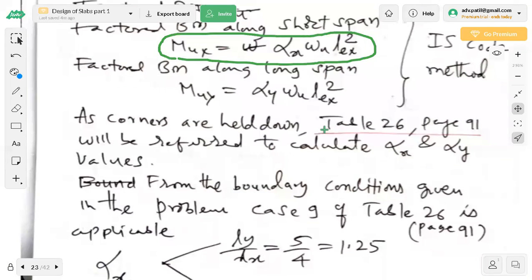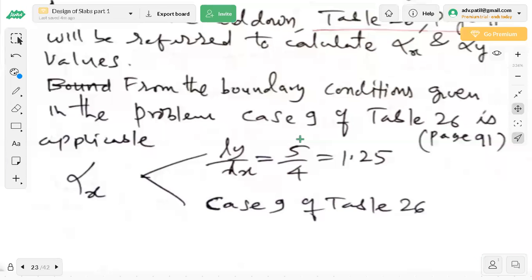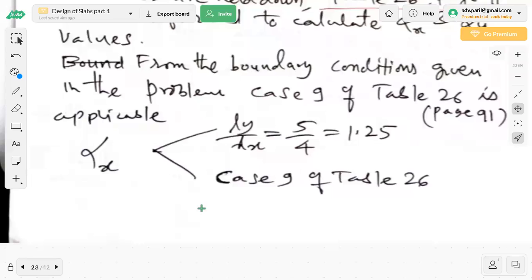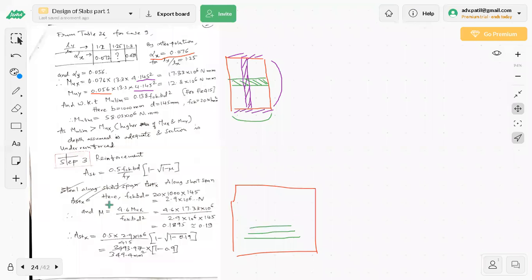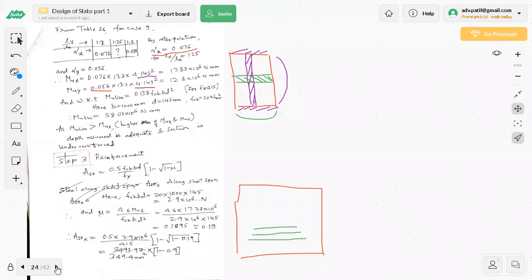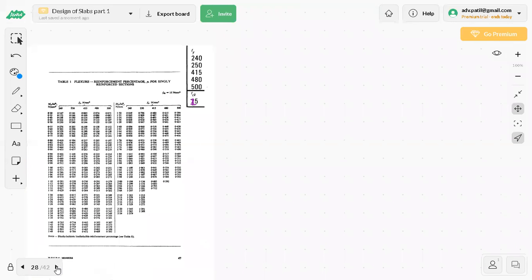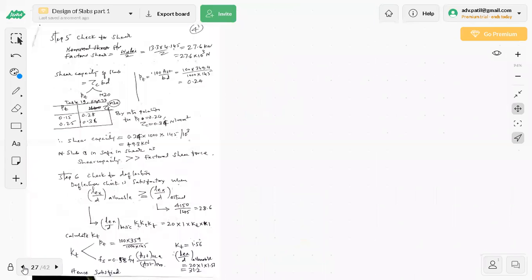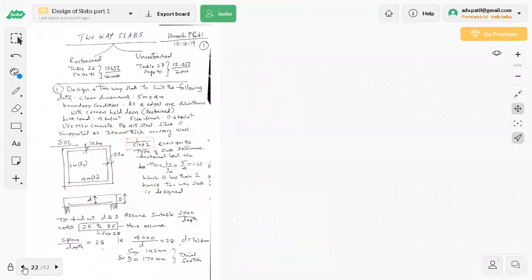You have to go to table 26. In table 26, first Ly by Lx is 1.25. Case 9, read the different cases in that table. This was done, I think, already. Even then, let us see where it is. I have to check now. This table, once again, I'll repeat it.